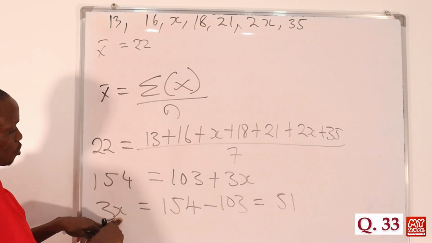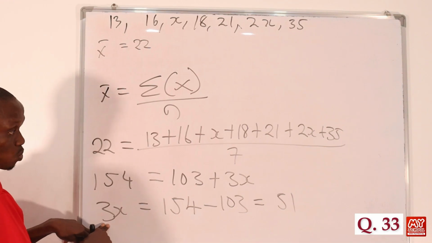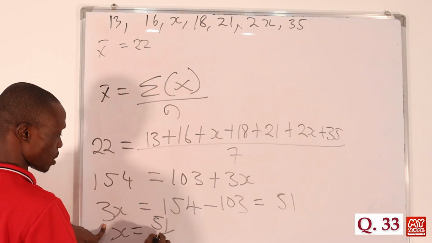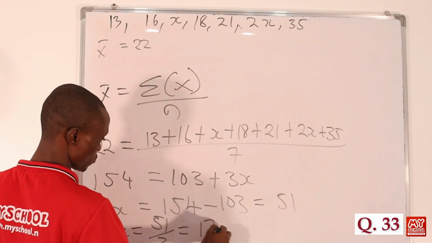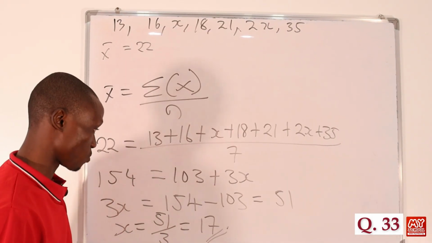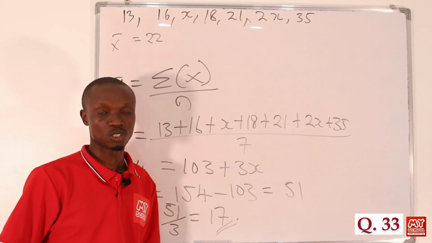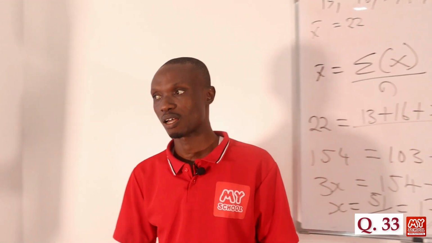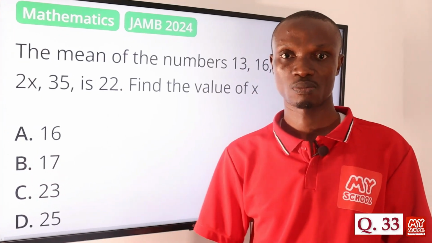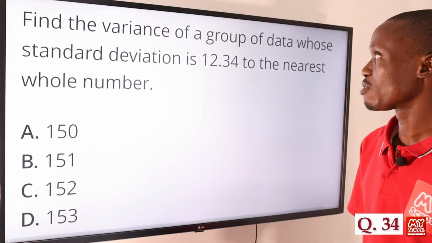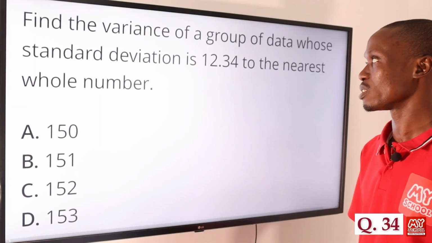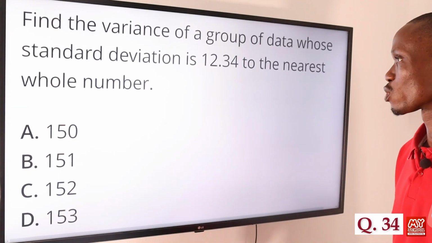So since we are looking for x, we simply divide both sides by the coefficient of x, so that x is equal to 51 divided by 3, and that will be equal to 17. Okay, so the value of x is equal to 17. So let's return back to the screen to pick the correct answer to this question, and that is option B, 17.